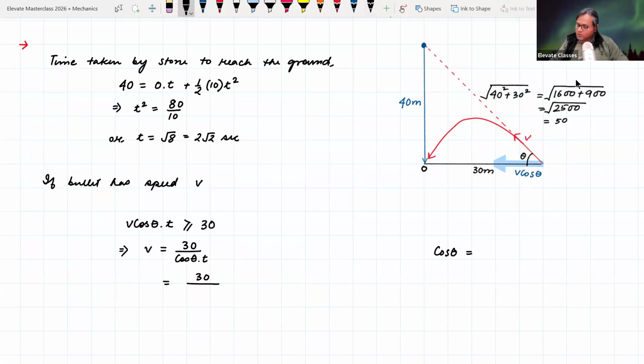So cos theta is equal to 30 meters upon 50 meters, so 3 by 5.